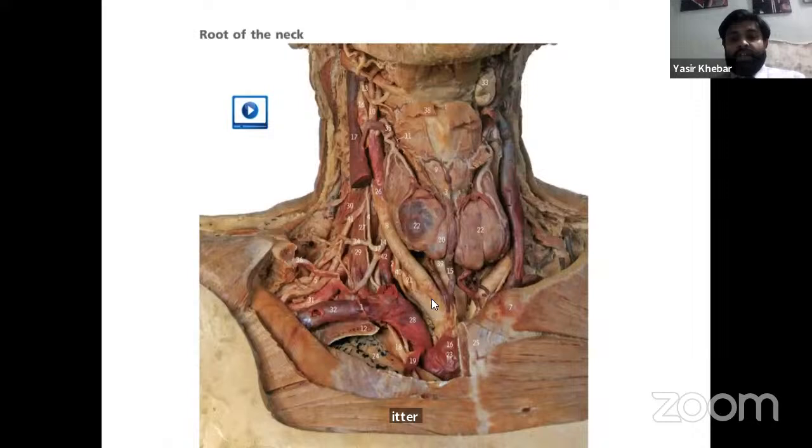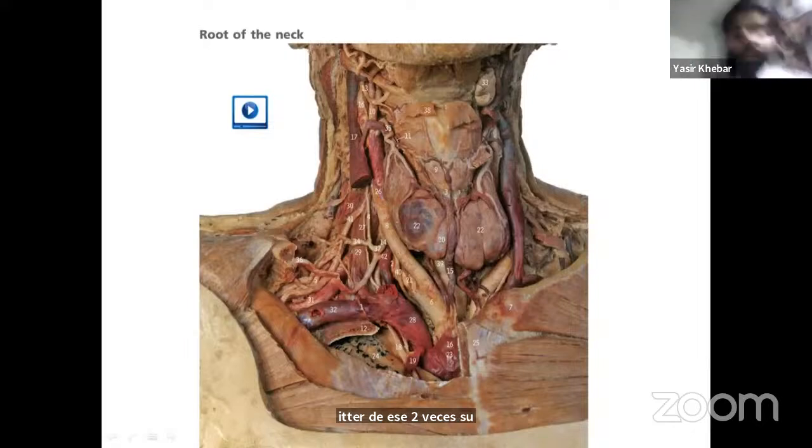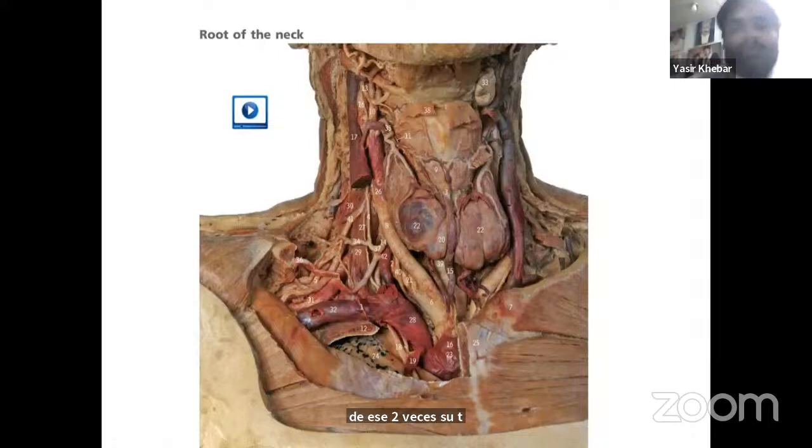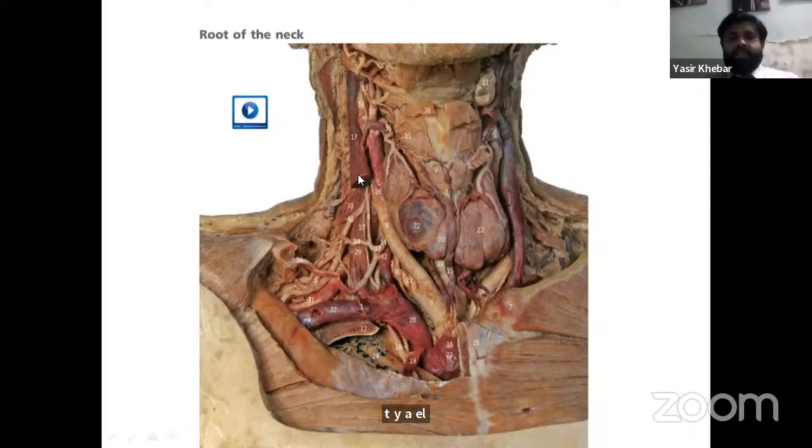The sixth structure labeled is the brachiocephalic trunk, which is dividing into the common carotid artery. The eighth structure is the common carotid artery. This one then gives rise to the external carotid artery. So this is the external carotid artery, and this structure labeled 17 is the internal jugular vein.